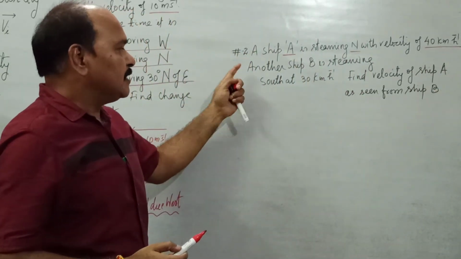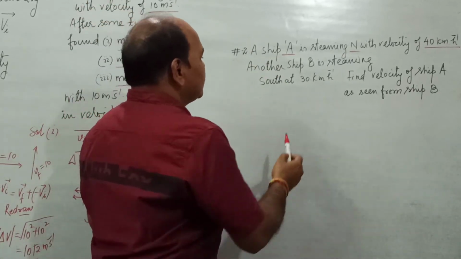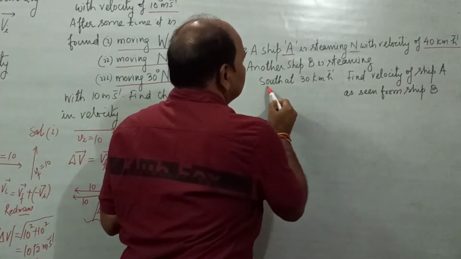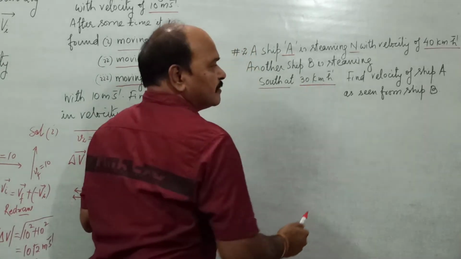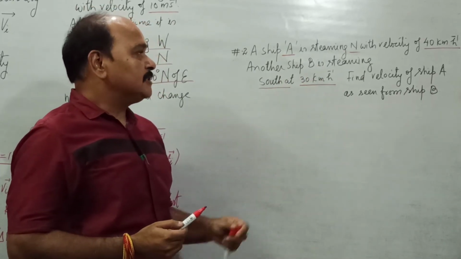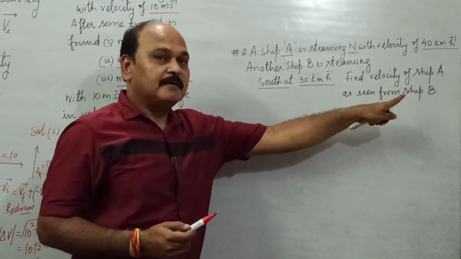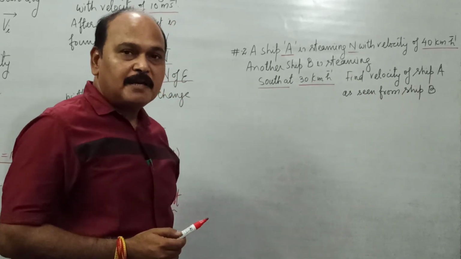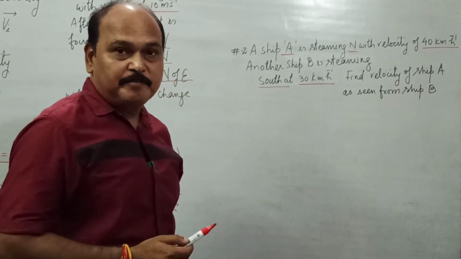Another ship is steaming south, that is moving due south at a speed of 30 km per hour. Find out the velocity of ship A as seen from ship B. What is the velocity of ship A as seen by ship B? Say the captain of ship B.